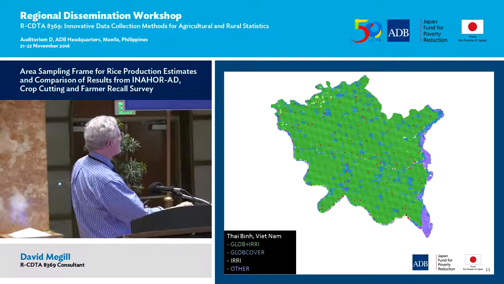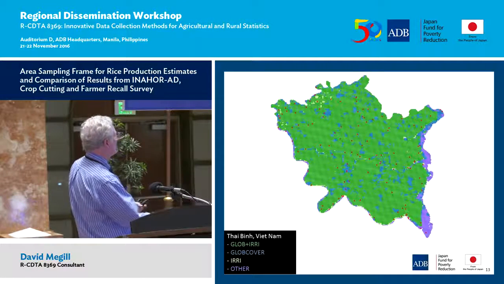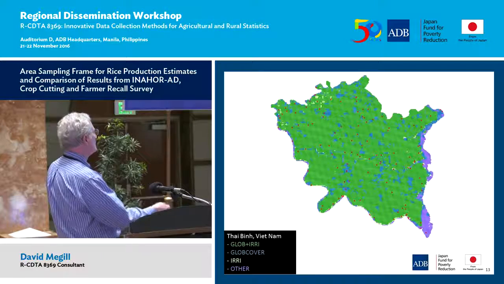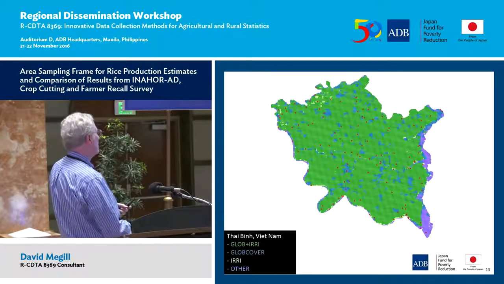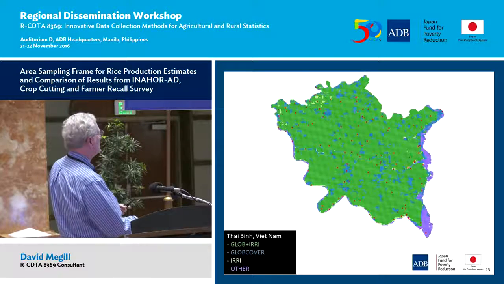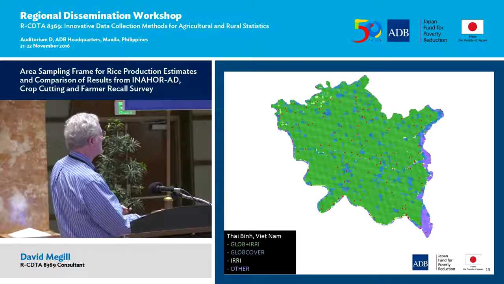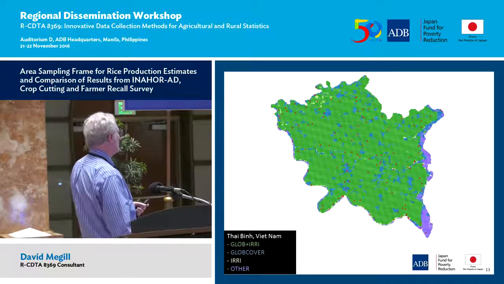You see the other is mostly concentrated along the edge here, but most is covered by GlobCover plus IRRI and some pockets of GlobCover, and IRRI seems to have small pockets where things were only identified by IRRI.